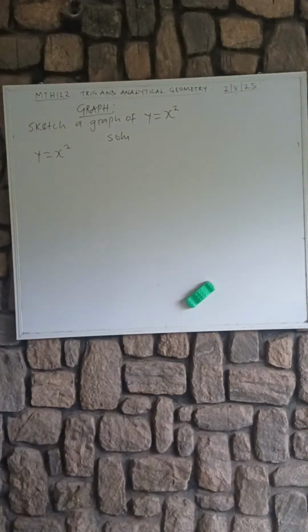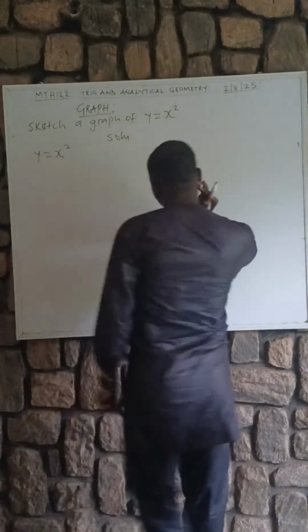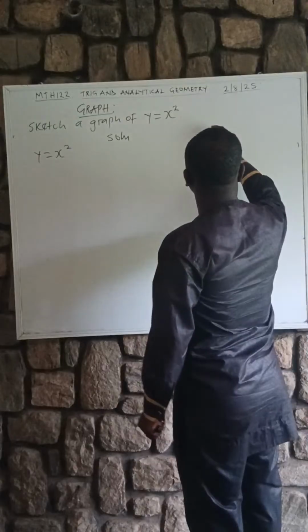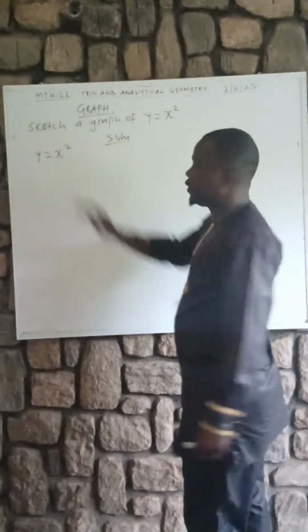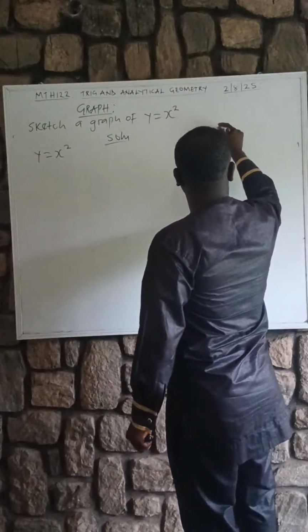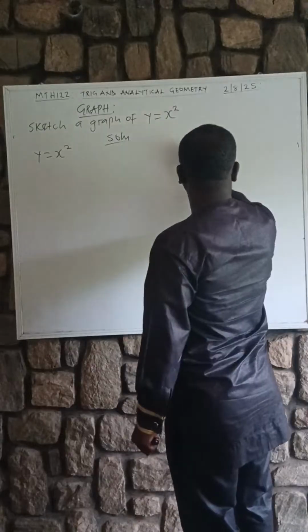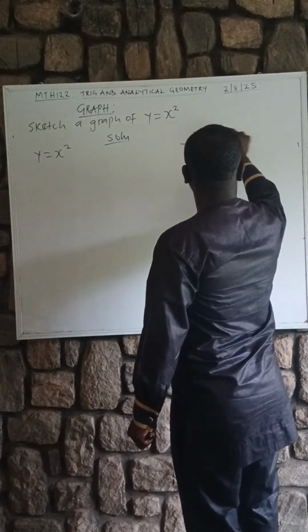It's as simple as ABC. Let us sketch this graph. Assuming x is 0, this is x, y.